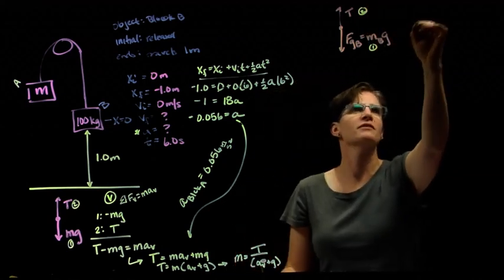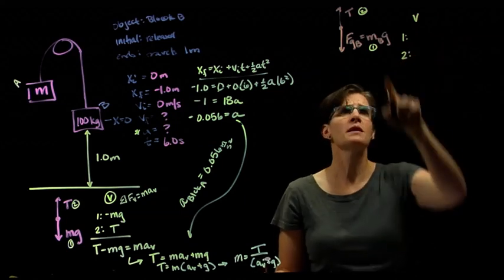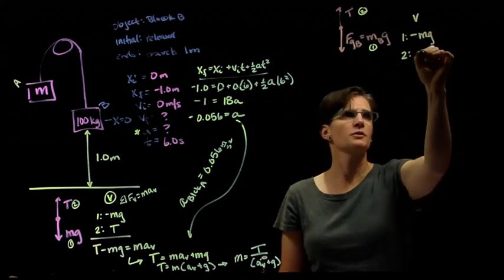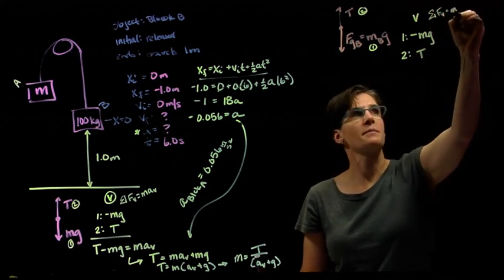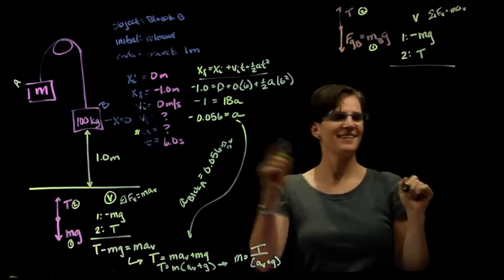Force 1 is minus mg. Force 2 is a positive tension. The sum of these forces vertically is equal to the mass times the vertical acceleration, which I know.